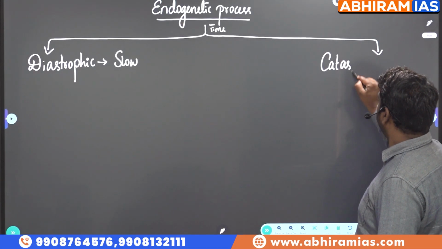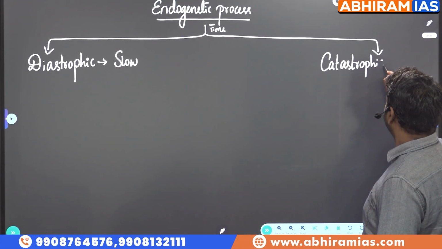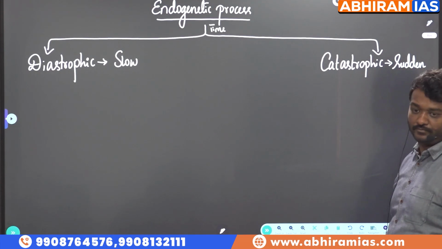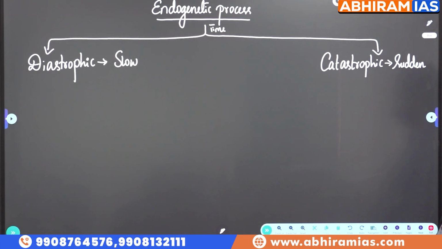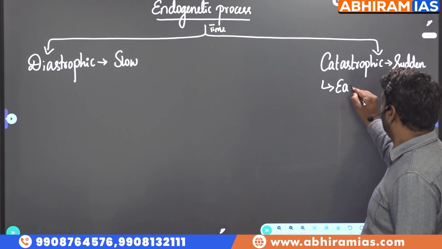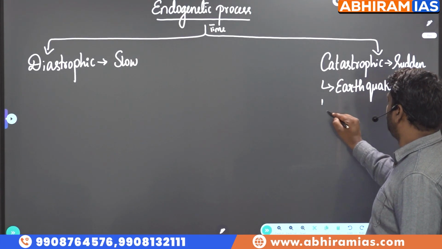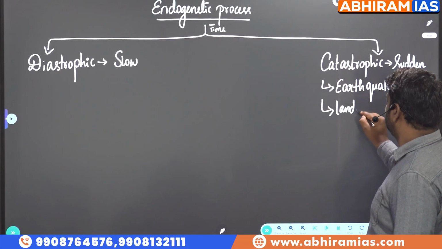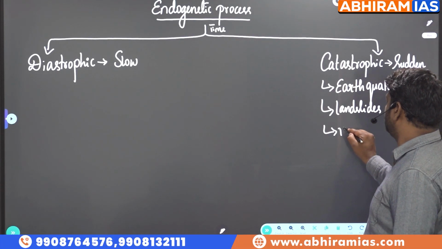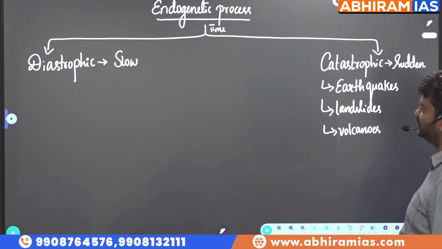It can be catastrophic process, which is sudden. Diastrophic is slow, catastrophic is sudden. Earthquakes, landslides, volcanoes are catastrophic.